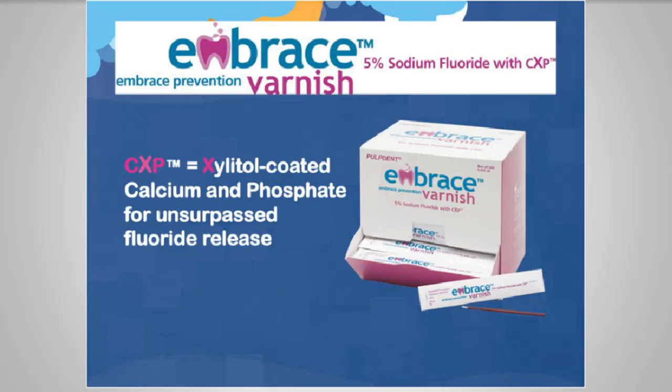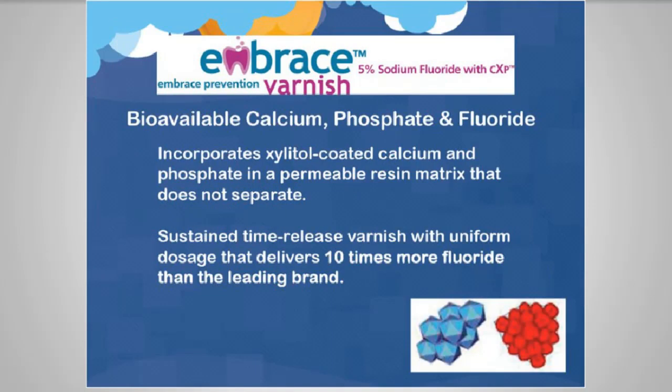The Embrace varnish is one of the varnishes out there where you don't have that statement made to you. It has bioavailable calcium, phosphate, and fluoride. It uses a xylitol coating on these materials that are then in this permeable Embrace resin material that will not separate. If you ever open up your traditional varnishes and peel open the little tub and find that little brown layer on top, that brown layer is resin.